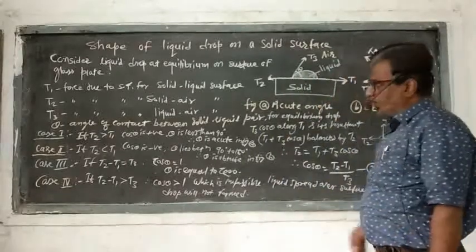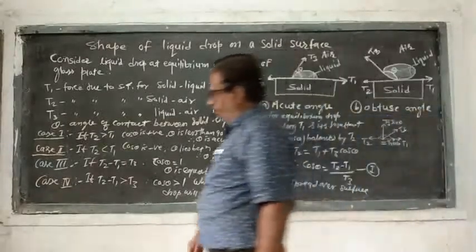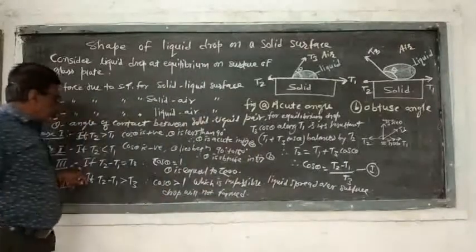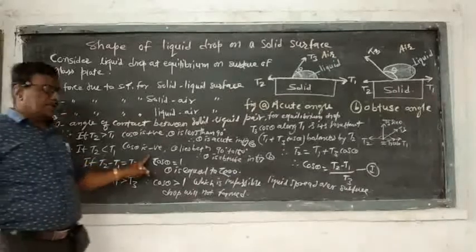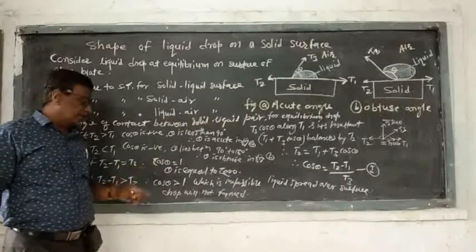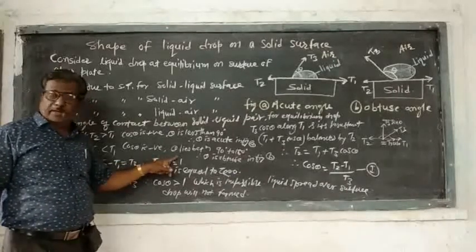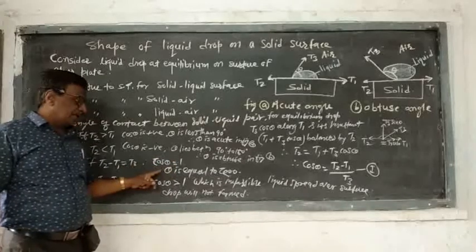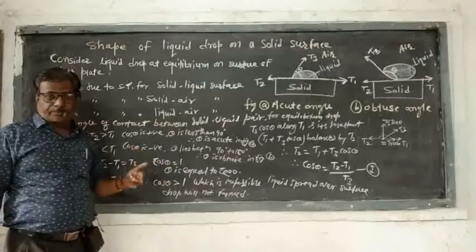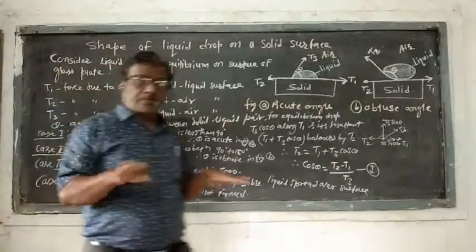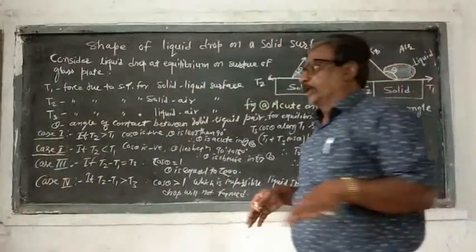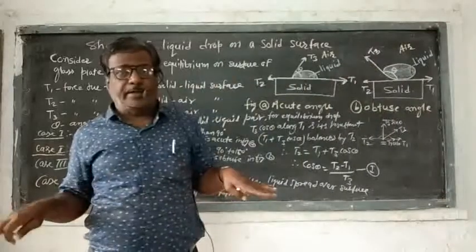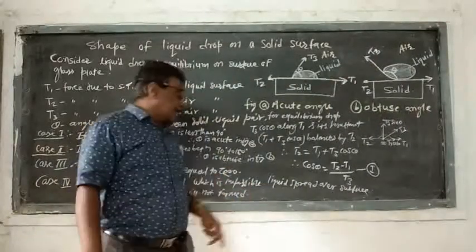Now we find out case number 3. For case number 3, if T2 minus T1 is equal to T3, then cos theta will be equal to 1. When cos theta is equal to 1, then theta is equal to 0. There is no angle. That means when pure water is in contact with a glass plate, there is no angle.